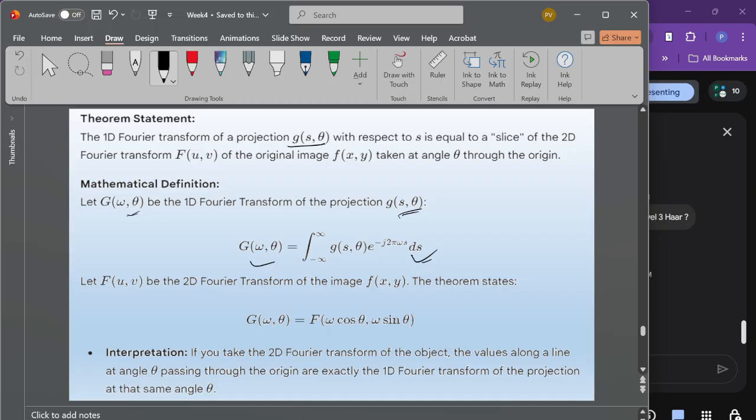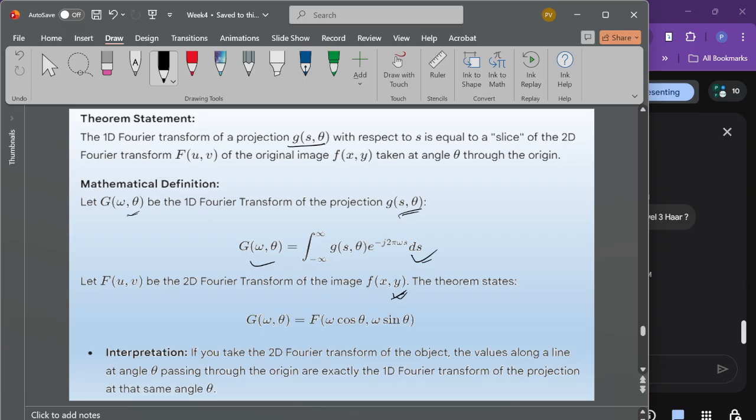So if we let F of u v be the 2D Fourier transform of the given image f of x y, already we have seen that this is a simple Fourier transform of the given time domain signal, represented by F of u v. So g of omega theta, the theorem states, equals F of omega cos theta and omega sin theta.